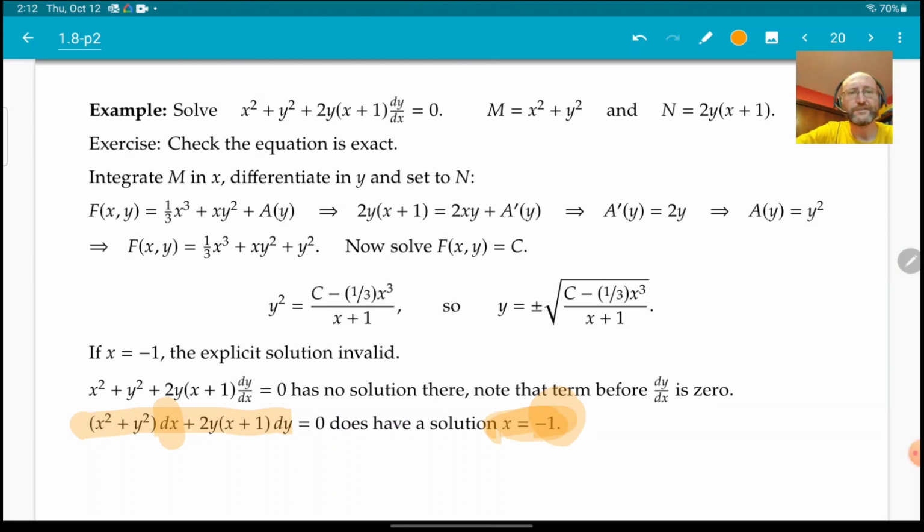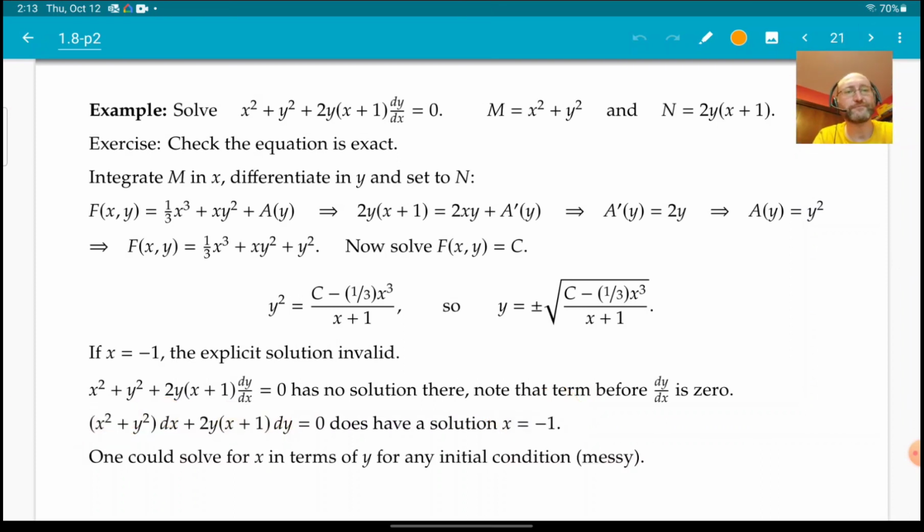So dx is 0, this term is 0, and over here, x plus 1 is 0. So both terms are 0, and the equation is satisfied. So if I want to solve for x in terms of y, I could do that even at x equals -1. Basically, that's the upshot.